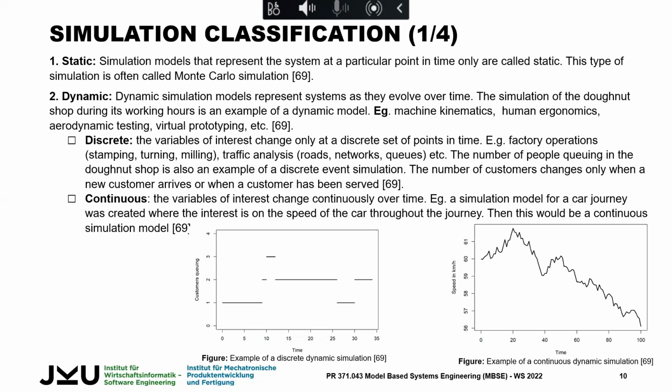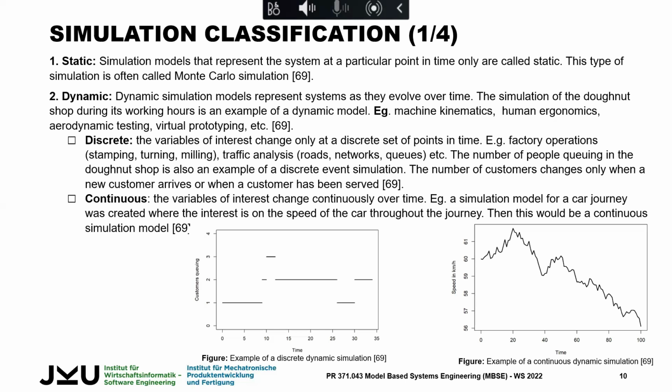Another example is the number of people queuing in a donut shop, how the people are queuing during the daytime or during the operation. The number of customers changes only when a new customer arrives or when a customer has been served. So only small information we can have here.